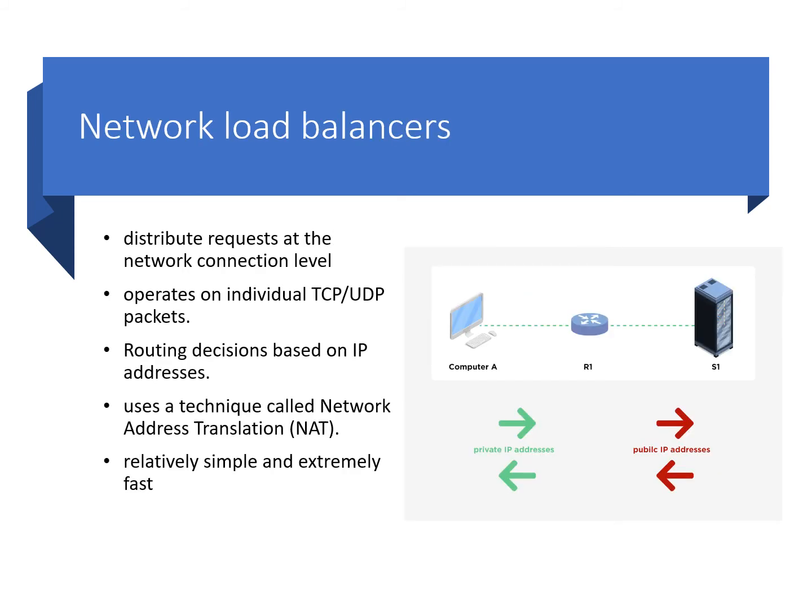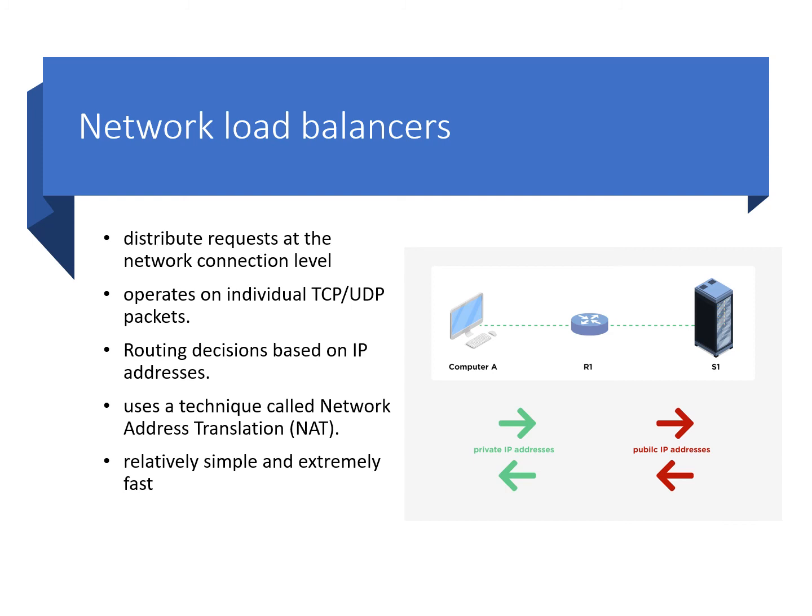Network load balancers distribute requests at the network connection level, operating on individual TCP or UDP packets. Routing decisions are made on the basis of IP addresses, and once a target service is chosen, the load balancer uses a technique called network address translation. This changes the destination IP address in the client request packet from that of the load balancer to that of the chosen target.